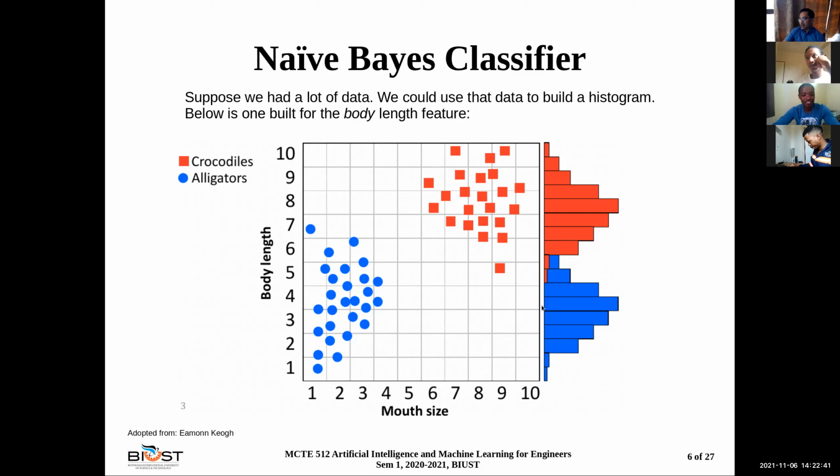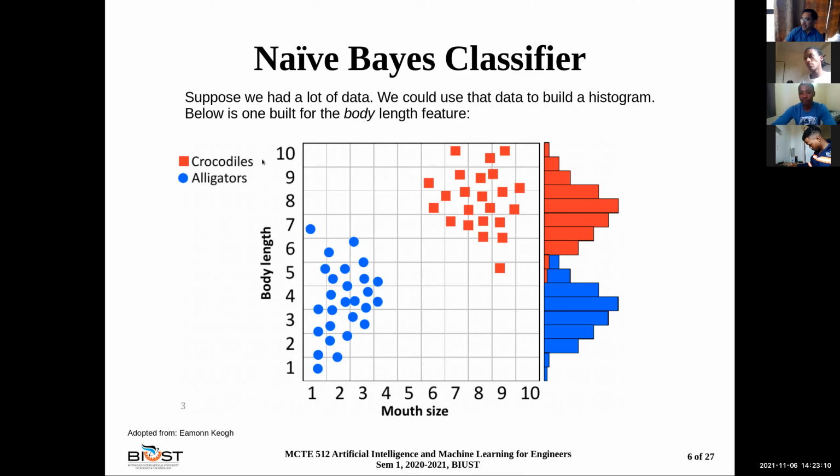So if we plot the Gaussian distribution in terms of body length, this is how it can look. We can do the same thing for the mouth size. The average mouth size is probably around 2 for the alligators, again we don't know the unit, and for the crocodiles the average is around 8.